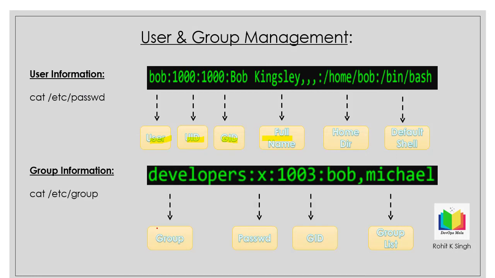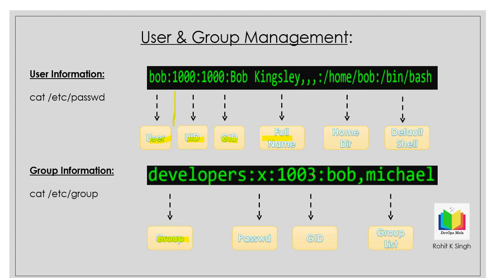Let's go back. So this is your group name at the very beginning. Password, this X is nothing but the encrypted password. We have not given any password to the group, neither to the user. If I assign a password, you'll see an X over here also. As of now there's no password assigned, so we'll see how we assign passwords.